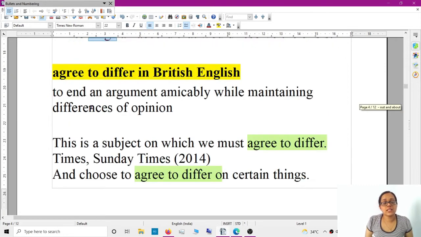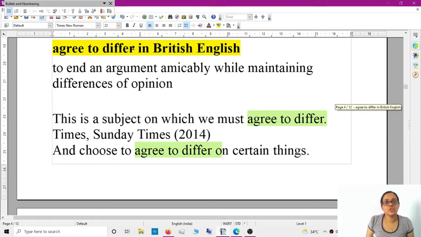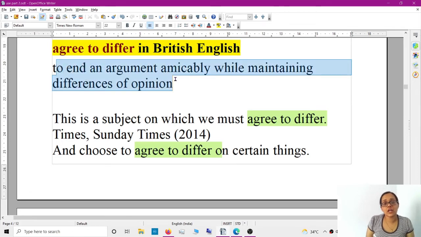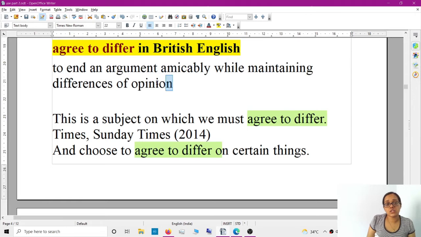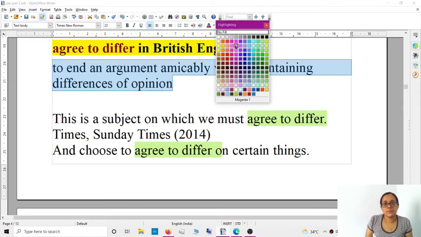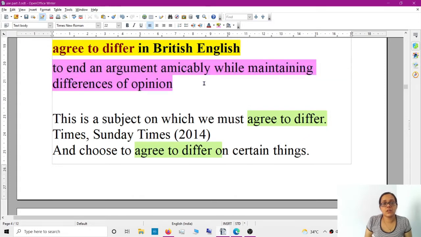So the next phrase is agree to differ. It means to end an argument amicably while maintaining differences of opinion. To end an argument amicably while maintaining the difference of opinion, that is known as agree to disagree.